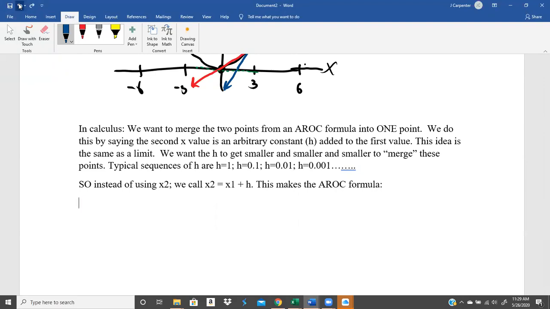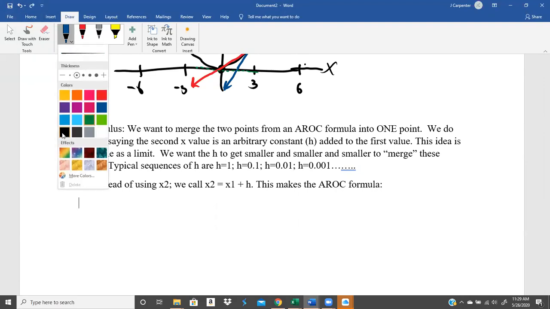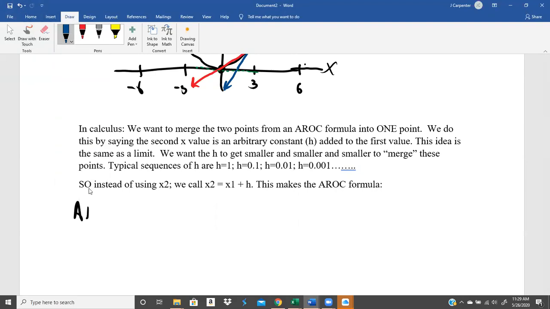So our average rate of change becomes f of x1 plus h, because that's f of x2, minus f of x1, over, now x2 is x1 plus h, and then minus the x1.